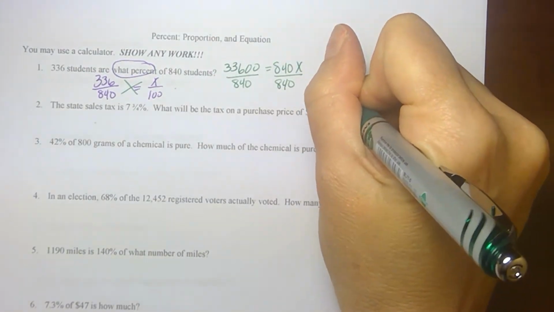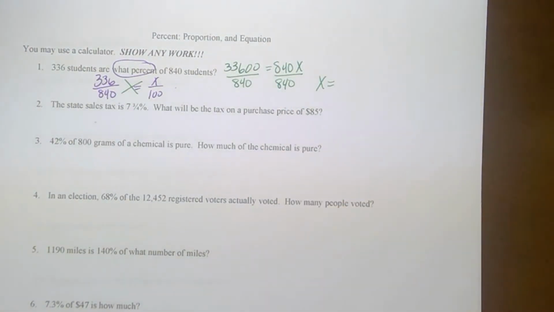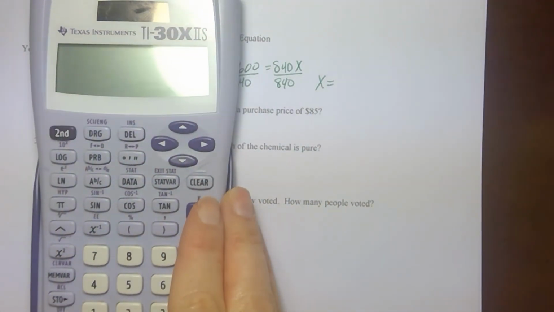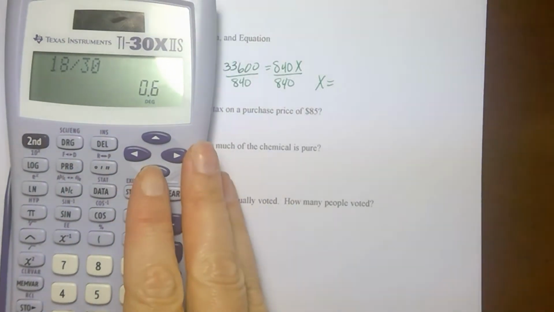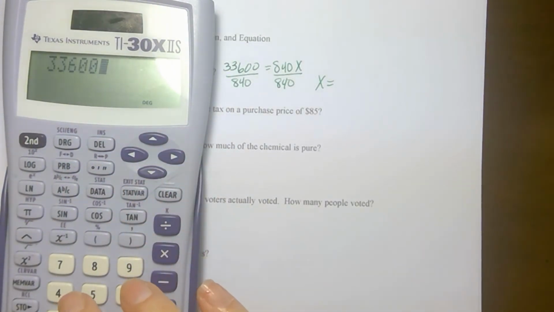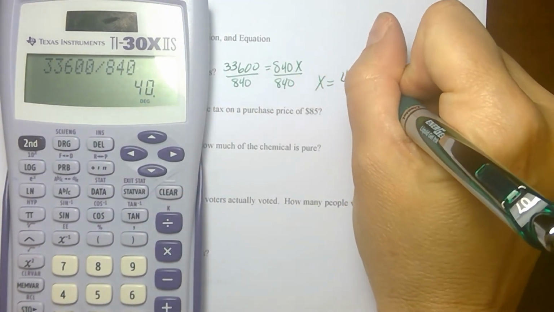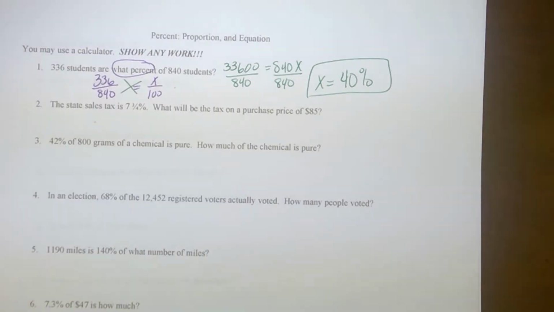And X is equal to whatever this value is, then turned into a percentage. Or no, that gives it to me as a percentage, actually, when I solve it this way. So I've got 33,600 divided by 840. That gives me 40%. When I set it up as a percent proportion, it gives me the answer as a percent.